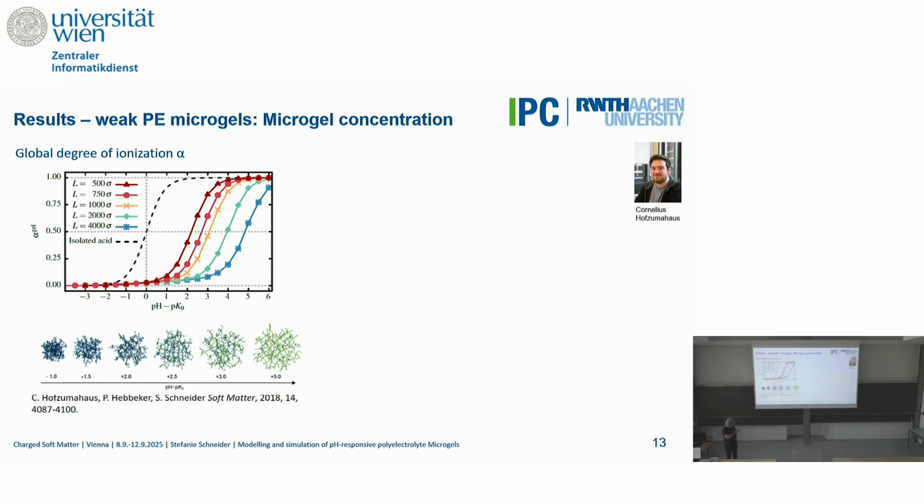So the first one is about the polyelectrolyte microgel, and plotted here is the degree of ionization again against the pH, and compared to the Henderson-Hasselbalch equation, and we see that from red to blue, the concentration of microgels is decreased, so the simulation box is larger for the blue one, and what happens is that some of the counter ions leave the microgel, so the effect of the pKa shift increases with decreasing concentration.